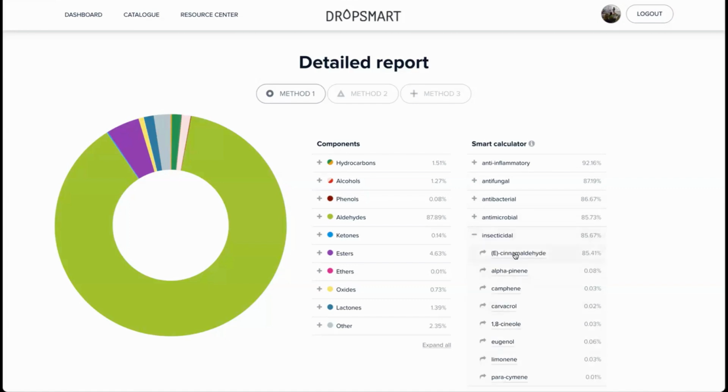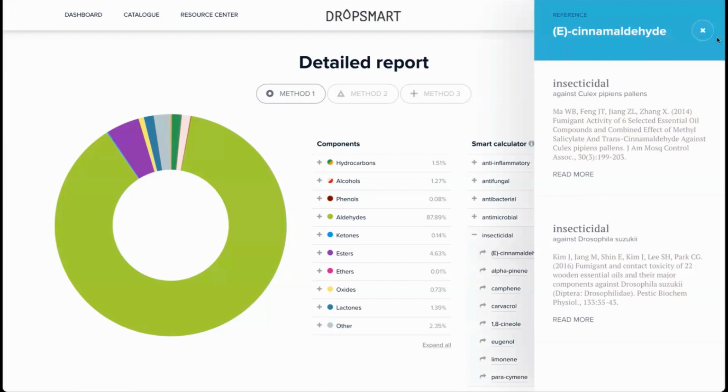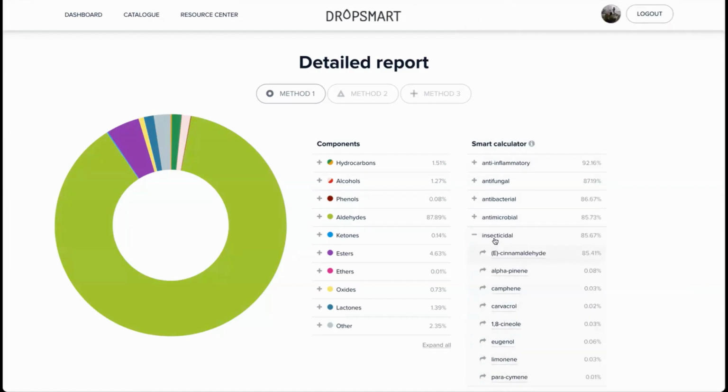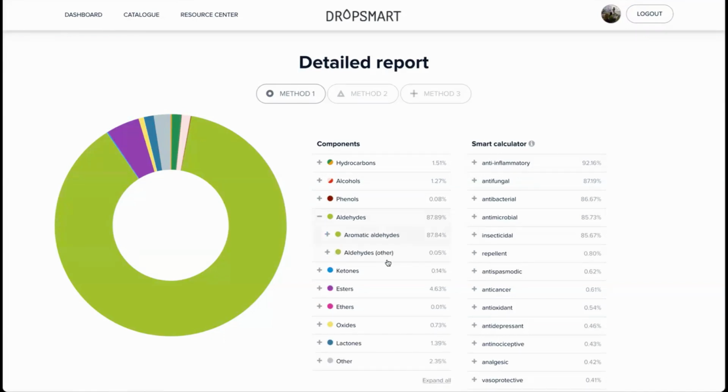You can click in Dropsmart and see exactly what, so that you're working on the right insect, not just randomly hoping it will work for the one that you want. Anti-inflammatory, so you will see oils such as cinnamon that has aromatic aldehydes in them. They are sometimes in remedies for pain and inflammation, but I would definitely be super careful with that.